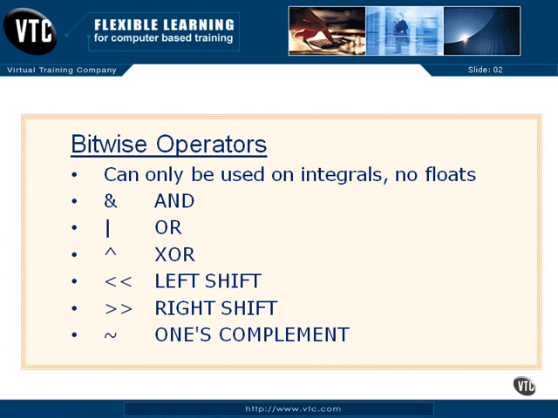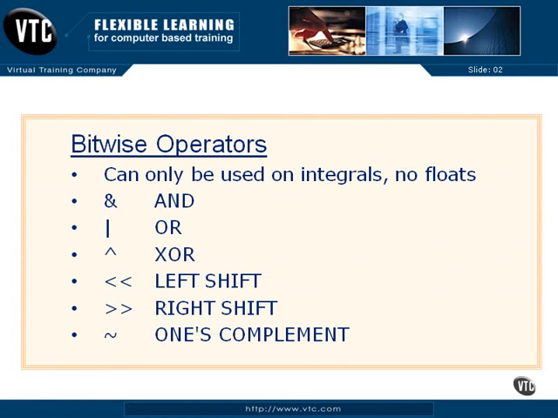Let's take a look at some of the bitwise operators that are available to us in the C programming language. These are going to work on the bit levels of the values of our variables. Since we are working at the bit level, we cannot deal with floating points because floats are stored in a totally different format, in IEEE floating point format.